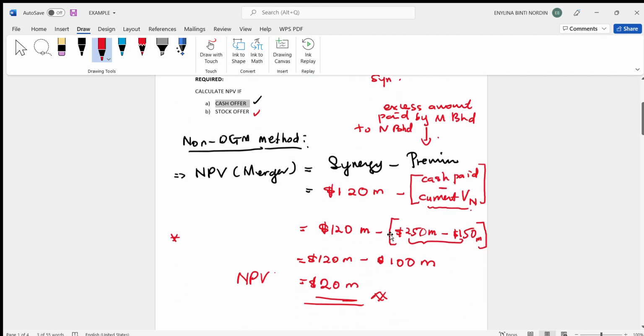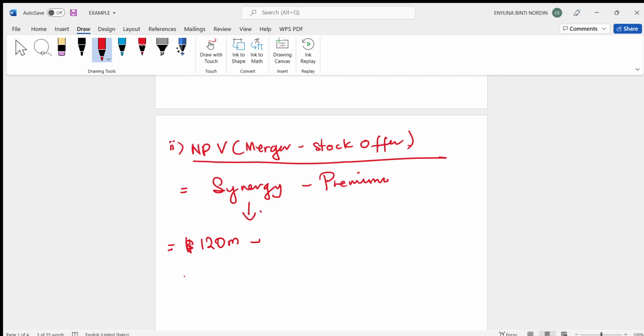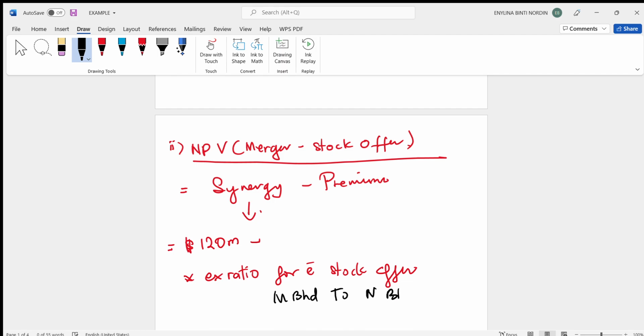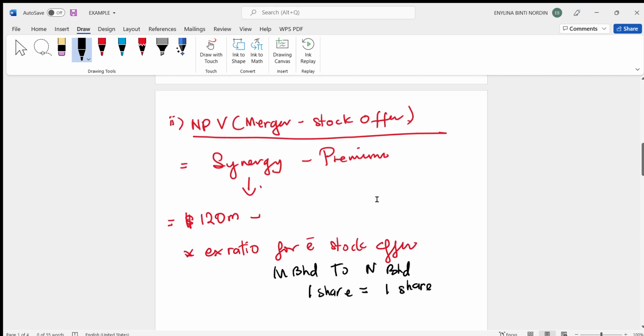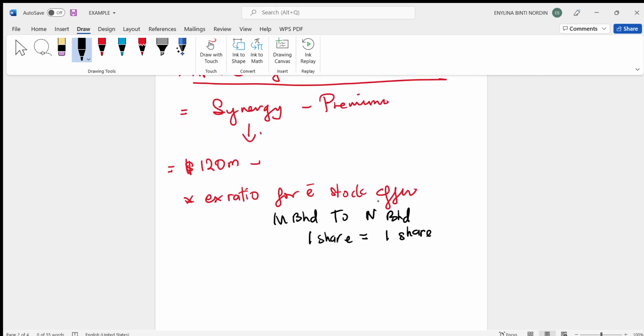Now that means the exchange ratio for the stock offer is 1 share for every share, so the ratio is 1-to-1. If the target's shares outstanding is 50 million shares, this is the number of shares the acquirer is going to acquire.